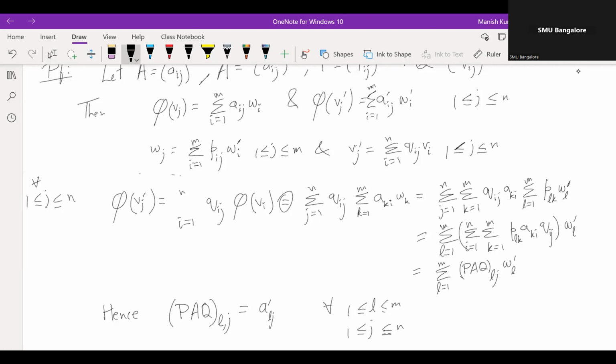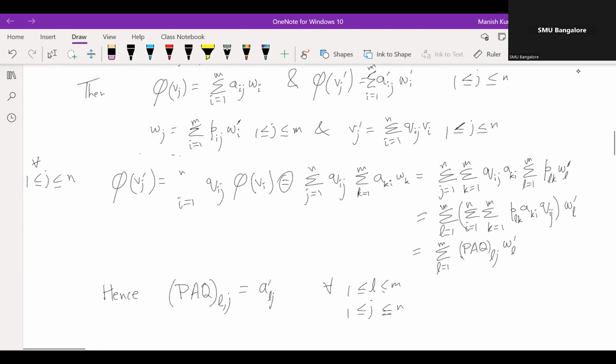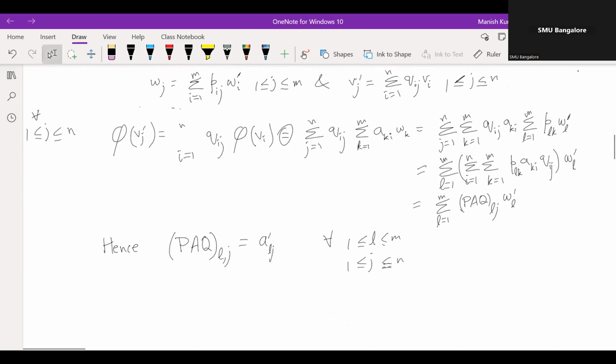Hence PAQ lj is A prime lj, which implies precisely that PAQ is the matrix A prime, since the ljth entries, where l is between 1 and m and j between 1 and n, are the same for both matrices. So that completes the proof of this.